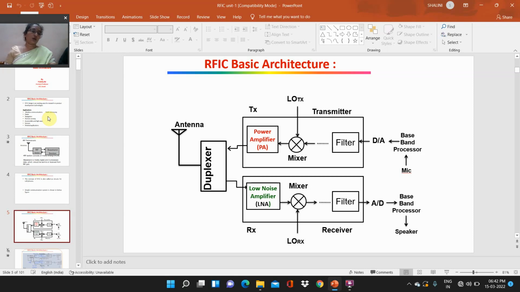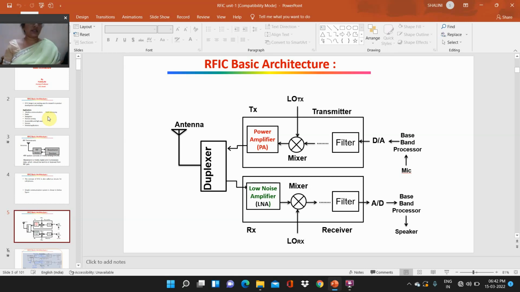Here the transmitter local oscillator behaves like up conversion. Up conversion means we are increasing the frequency from low to high. Then the signal from the power amplifier is sent to the duplexer, then to the antenna, and the signal will be blasted into the atmosphere with maximum power strength.